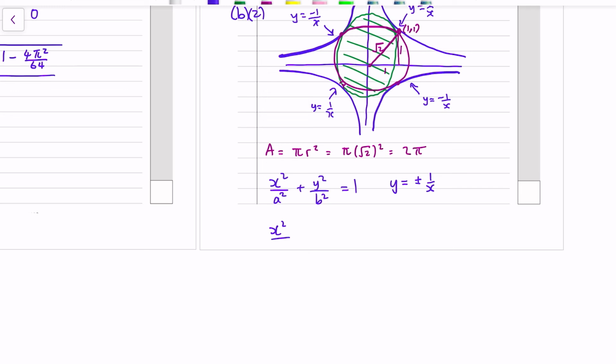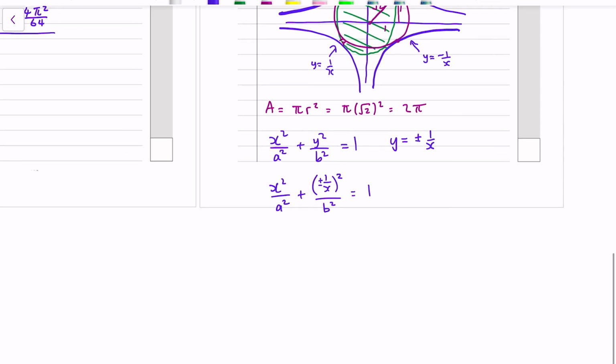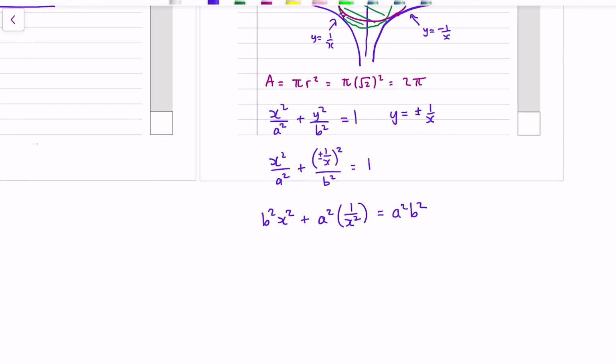So x squared over a squared plus y squared over b squared equals 1. It doesn't matter if this is a plus or minus, because when we square it, the signs both become positive. So we've got this equation. If I times everything through by a squared b squared, I get rid of the fractions. And I'm also going to times through by x squared.